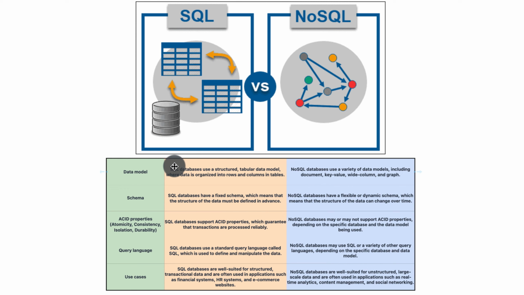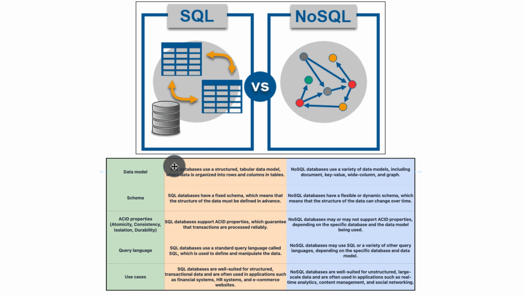The next property is the ACID properties. ACID stands for atomicity, consistency, isolation, and durability. SQL databases support ACID properties, which guarantee that transactions are processed reliably. NoSQL databases may or may not support ACID properties, depending on the specific database and the data model being used.